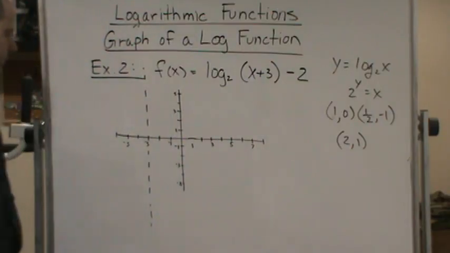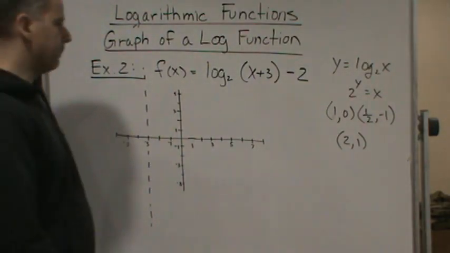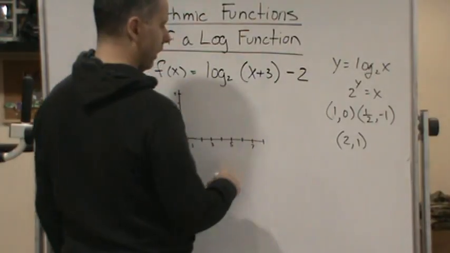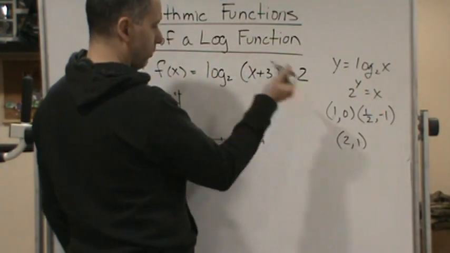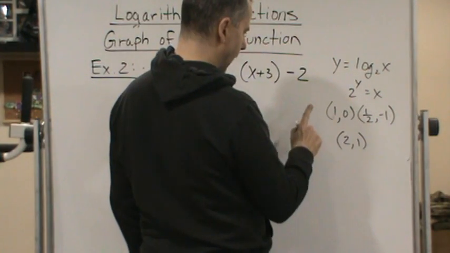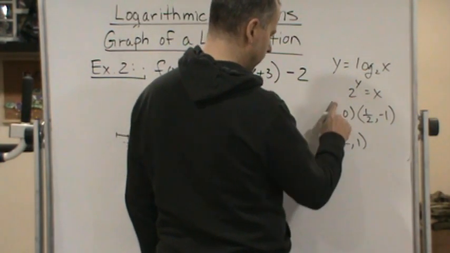So let's draw that. Now our 3 points are also going to be moving as well. These 3 points are going to be moving 3 units to the left, which means we're going to subtract 3 from each of the x values.